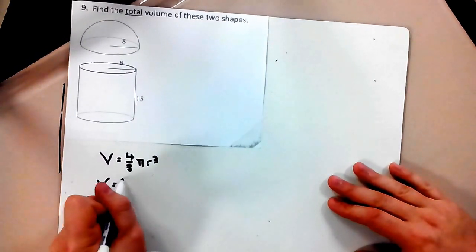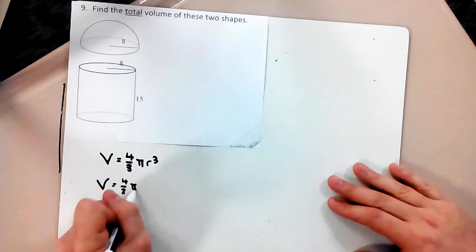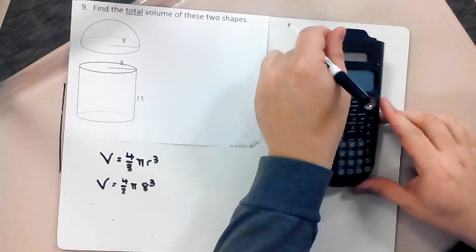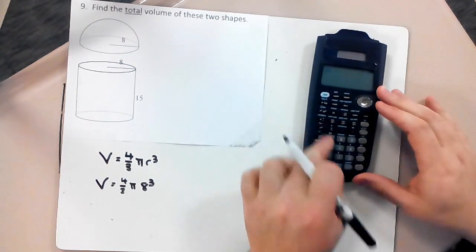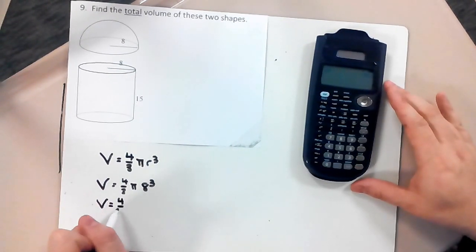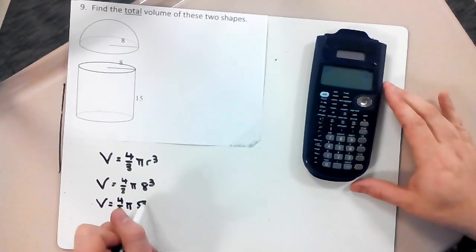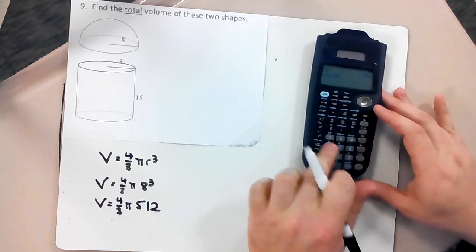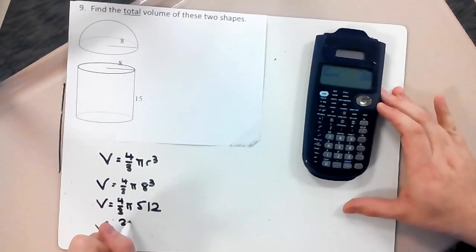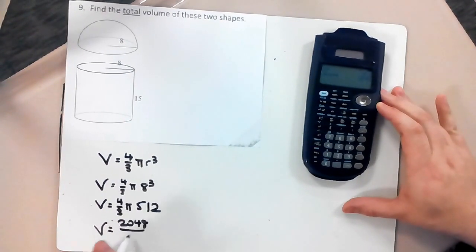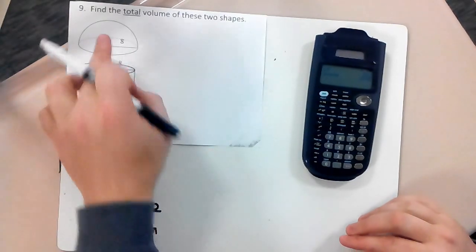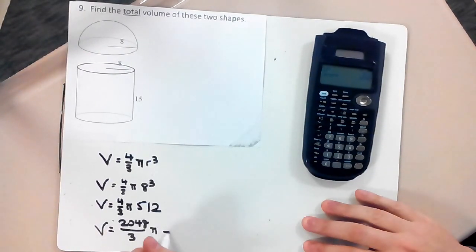So V equals 4/3 pi 8 cubed. 8 cubed is 512. So V equals 4/3 pi times 512, which is 2,048 over 3 pi.